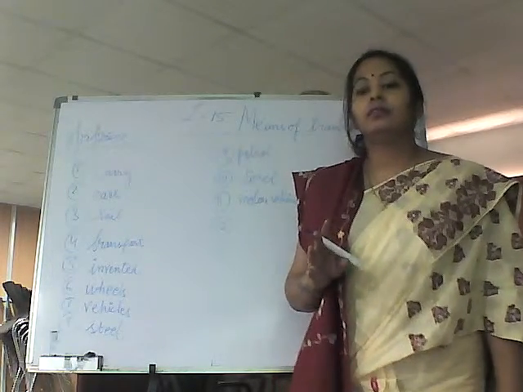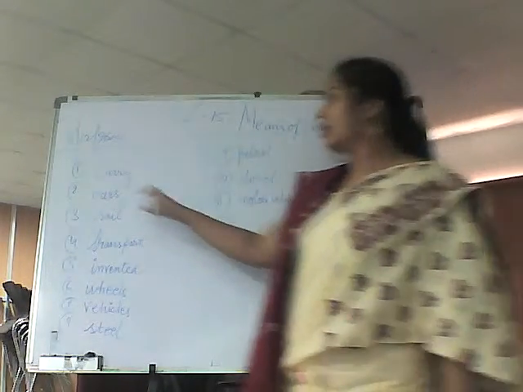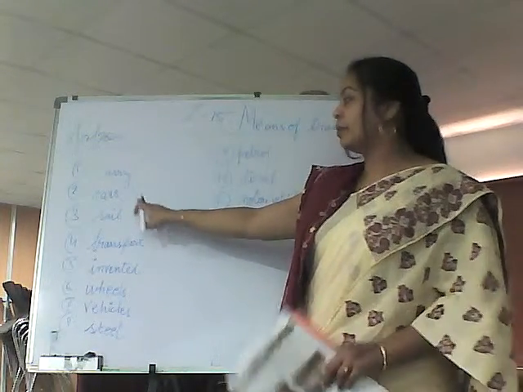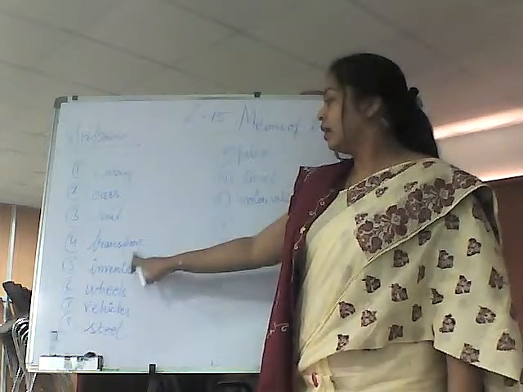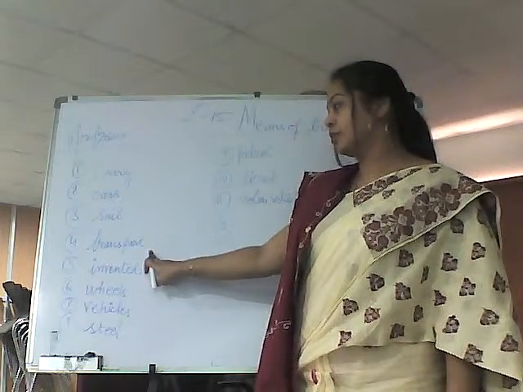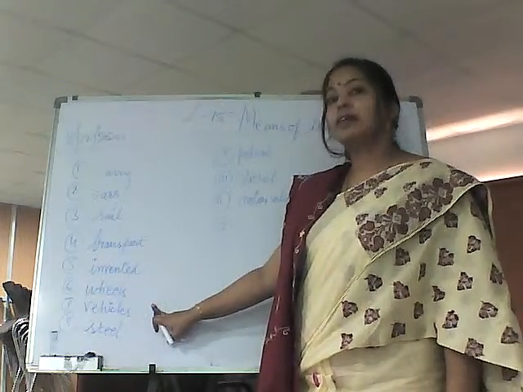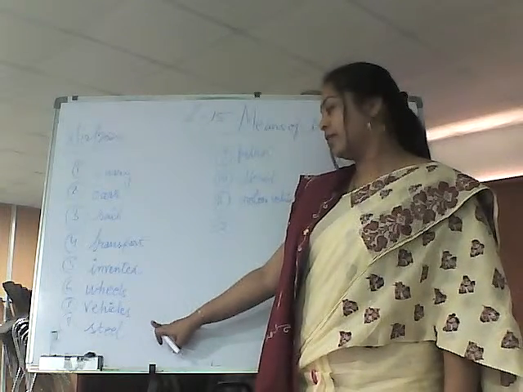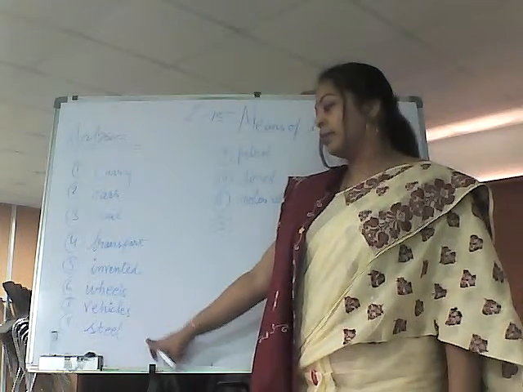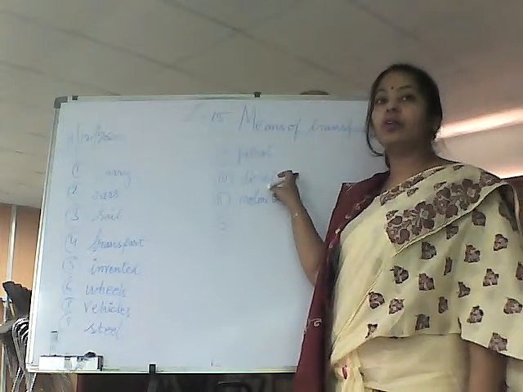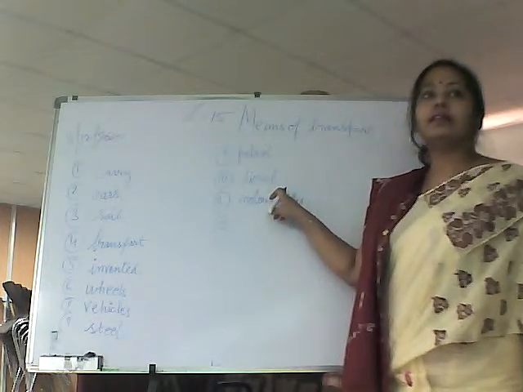Is it clear? Yes. So number 1 is carry. Number 2 is oars. Number 3, sail. Number 4 is transport. Number 5, invented. Number 6, wheels. Number 7, vehicles. Number 8, steel. Number 9, petrol. Number 10 is diesel.